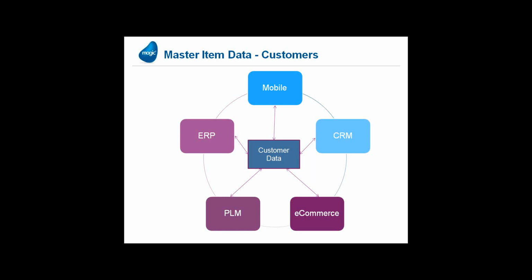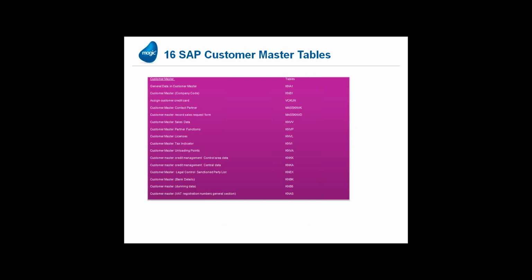There are other very similar conversations we could be having about transactional and master item data, but those are different areas, and especially transactional is quite a different discussion. But master item data is another discussion that we can have as it relates to product master item data, but with customers, we're right in the heart of today's subject matter.